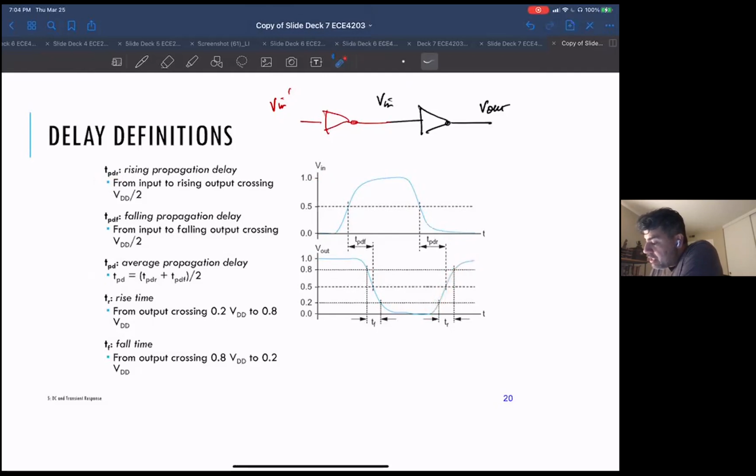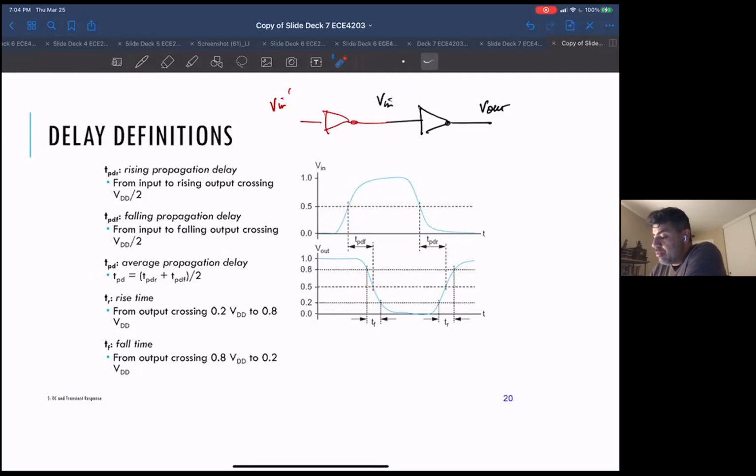The propagation delay is defined, if you remember, from the 50% point of the input to the 50% point of the output. This is our prop delay rising, because the output is rising. The prop delay falling is when the output is falling, defined as the 50% point on the input to the 50% point on the output.